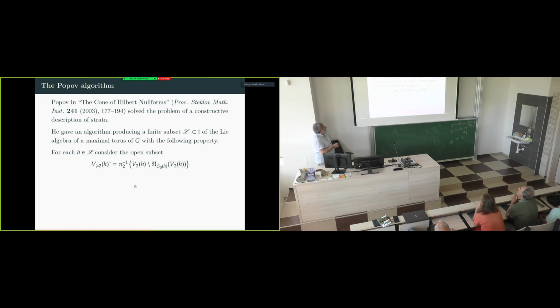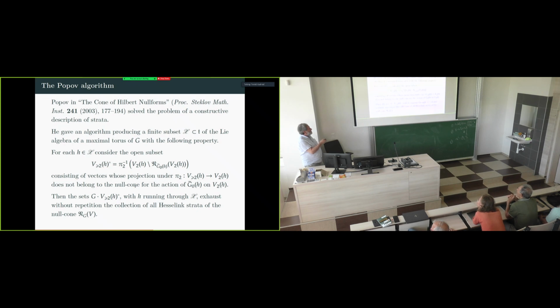The basic thing there is that you can find only a finite number of elements in the fixed Cartan subalgebra, such that if you consider for each of these characteristics certain open subsets of the subspaces consisting of elements of degree 2 and higher, then the orbits of those, and I will give the definition of this open subset later, are basically representatives of strata.